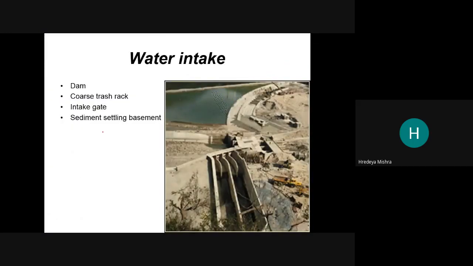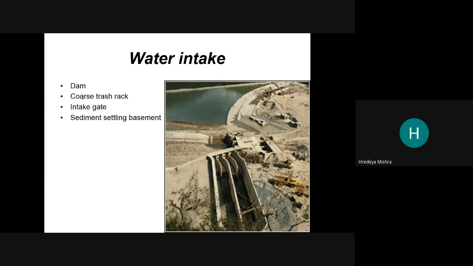Now see the water intake, and how the water intake works. This is the dam, a large water reservoir, and a small, narrow area is left to release the water.